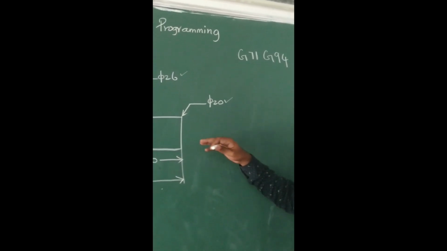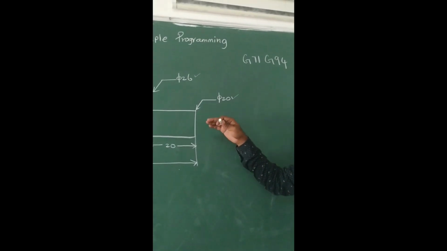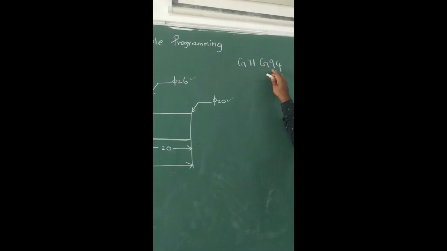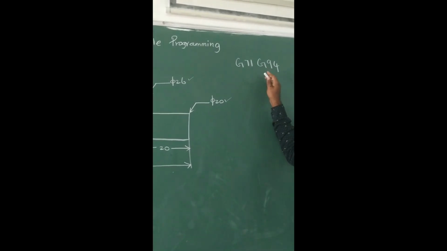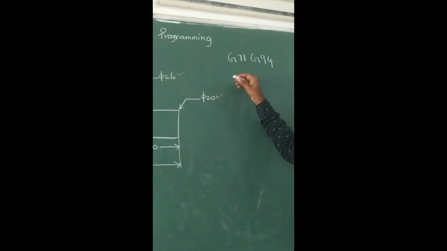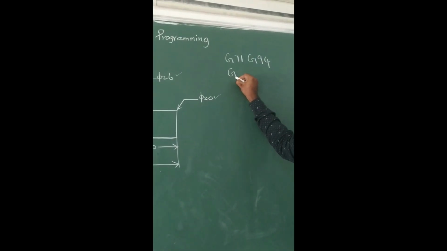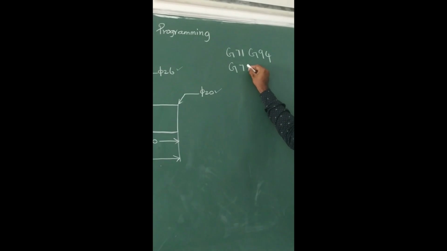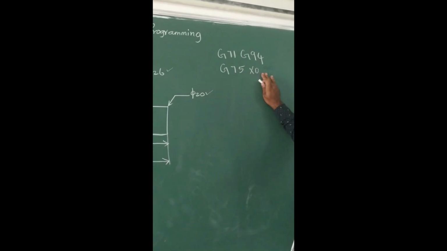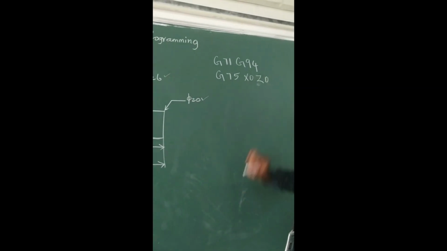For example, the workpiece is going to be fixed in a spindle. For the revolution of the spindle we have to give a command, that is G94, which means feed per minute. The second command we have to use is G75, X0, Z0.